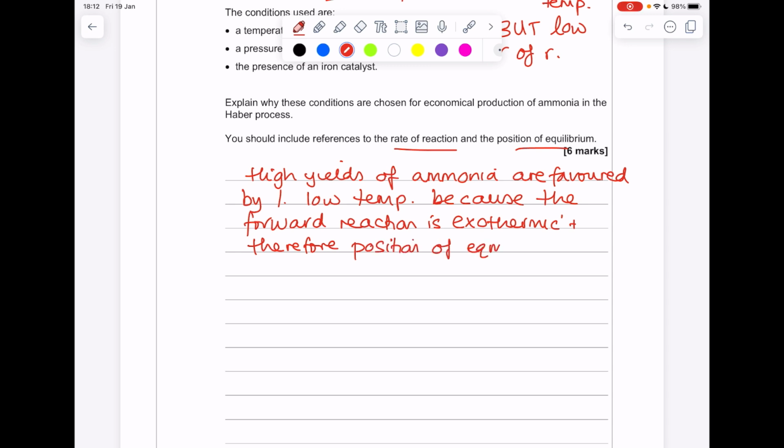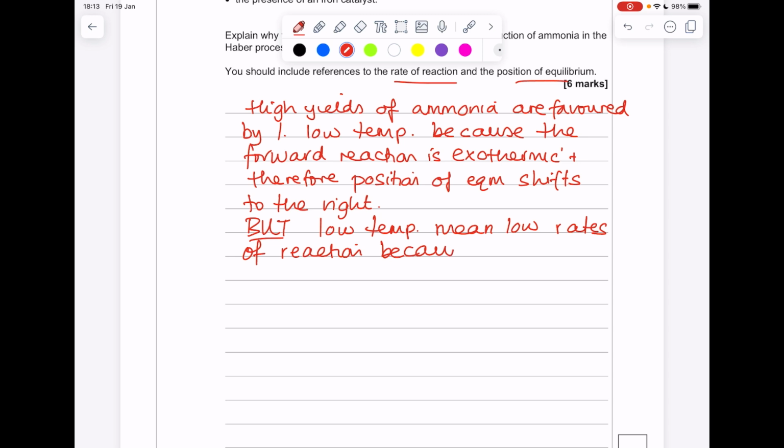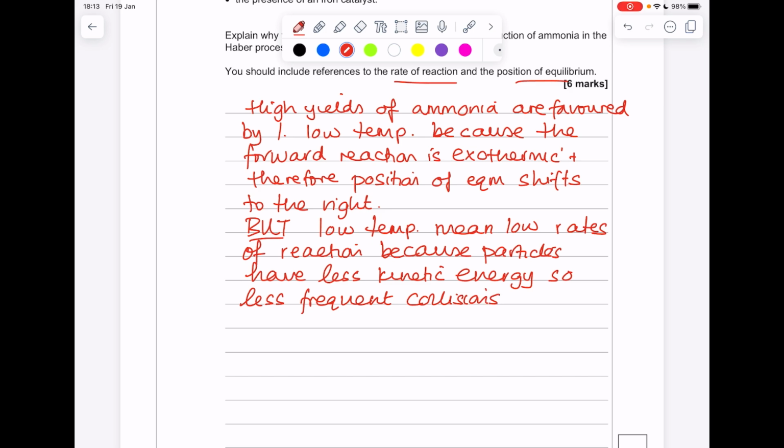I'm writing that in a condensed form, shifts to the right, which is what we want to make more ammonia. But low temperatures mean low rates of reaction because particles have less kinetic energy. So less frequent collisions occur. So that's the hardest bit done, really.